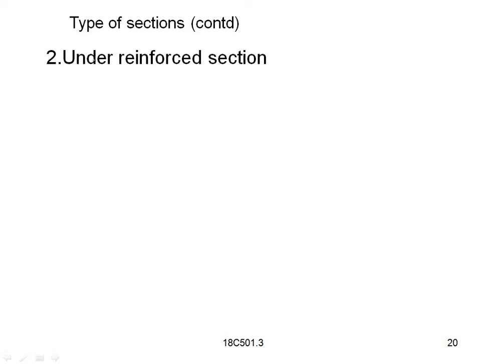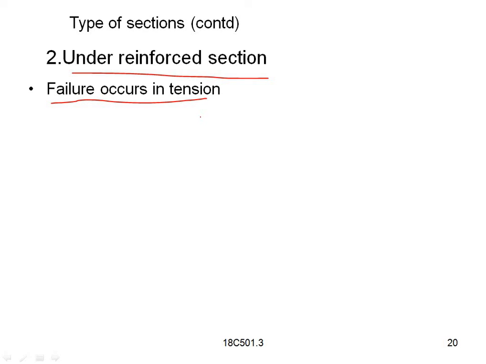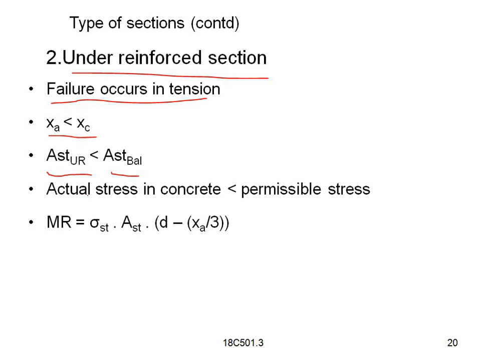Next one is under reinforced section. It occurs when the failure occurs in tension. So XA is less than XC, that is AST under reinforced is less than AST balanced.